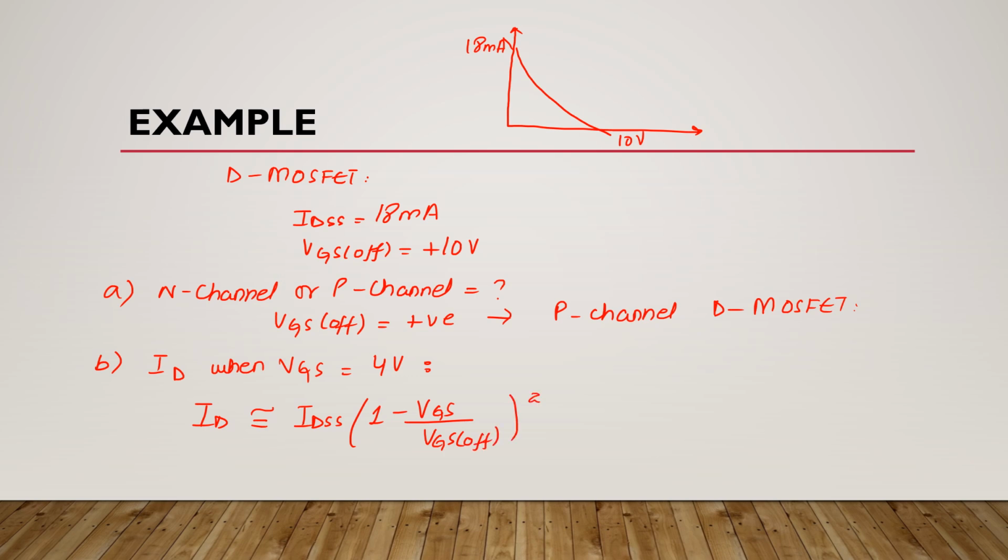Now here IDSS is 18 milliamperes and here we have 1 minus 4 divided by 10 whole square. After solving this you will get 6.48 milliamperes.